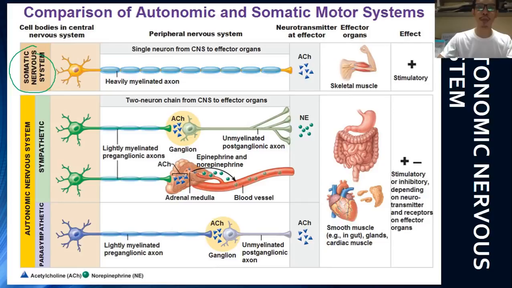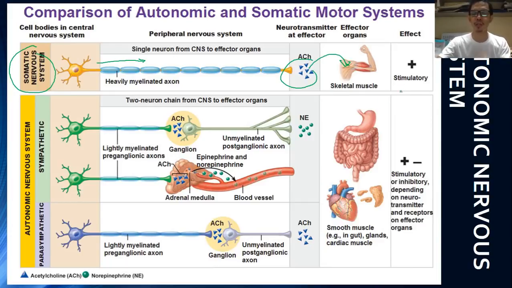Alright, so as you can see here, this is a typical motor neuron. It is heavily myelinated, meaning to say it is insulated. The only neurotransmitter that travels this neuron is acetylcholine, which triggers the effector organs, or the skeletal muscle.